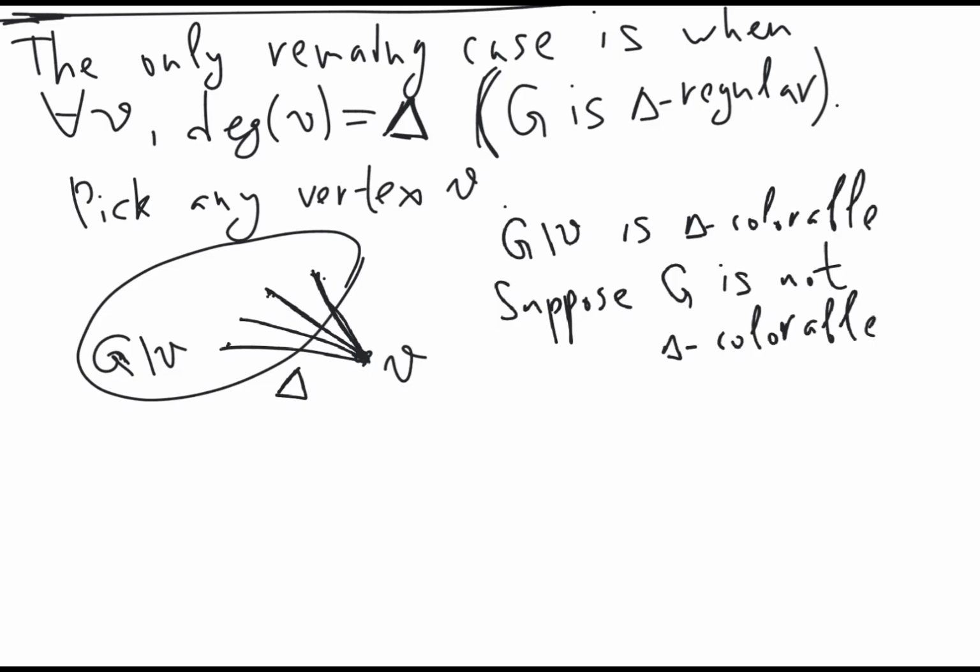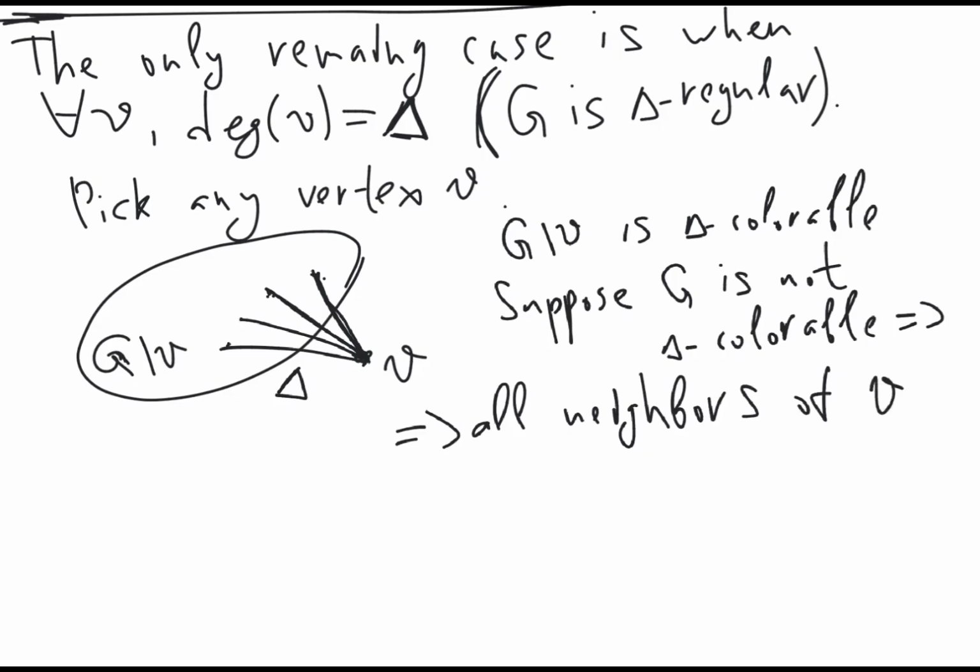So if it's not delta colorable, it implies that all neighbors of V, or all adjacent vertices of V, have all delta colors, because the degree of all vertices is delta. All delta neighbors of V have all delta colors.